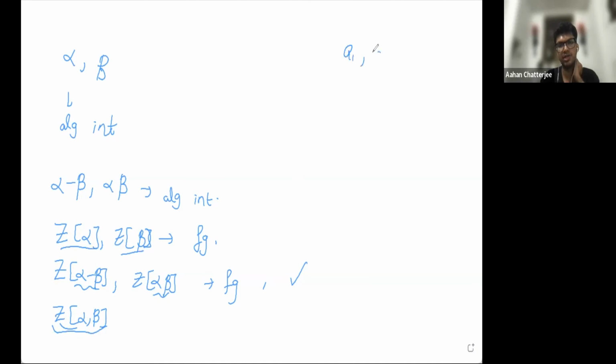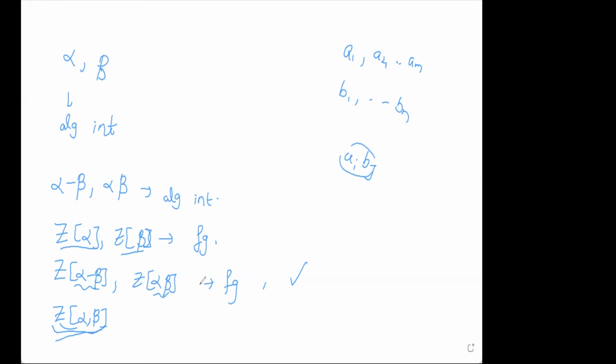Suppose a1, a2, ..., am is the basis for Z[alpha], and b1, b2, ..., bn is the basis for Z[beta]. Then if we consider a_i b_j, that becomes the basis for Z[alpha, beta]. Makes sense.